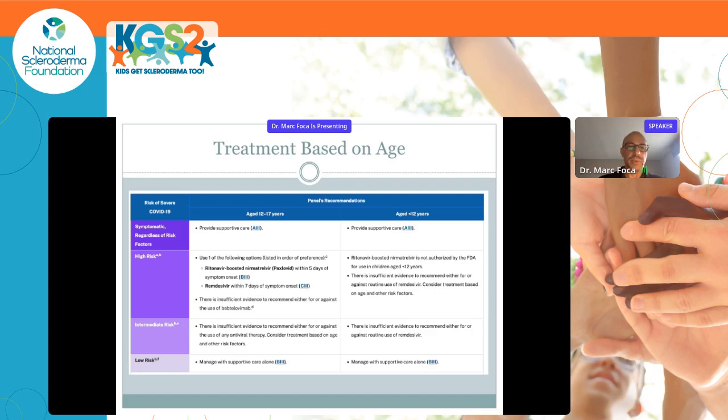That's an option in some places, and it does prevent admission to the hospital. That has been shown in adults, so the presumption is that would be the same for children.